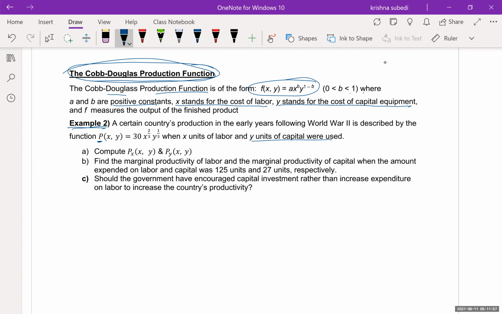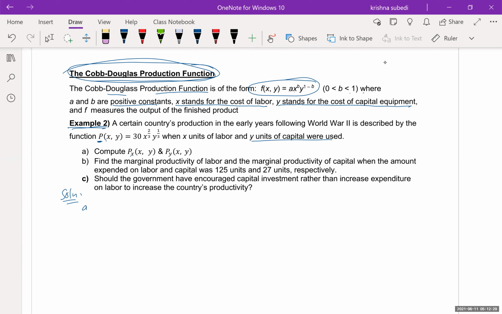In part A, we want to compute the partial with respect to x, which is the marginal productivity with respect to x, and the marginal productivity with respect to y. Productivity. Now let's look at part A first.